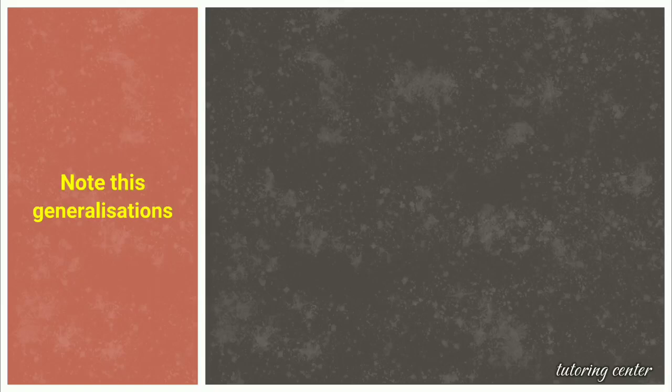Okay, there's also something we need to know. We need to know that -1 to the power 2n, where 2n is the mathematical representation of an even number, will always give you +1.